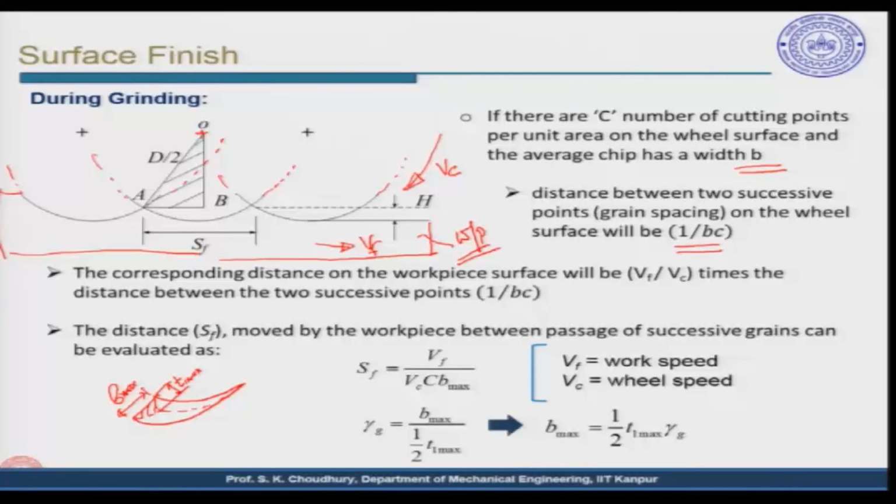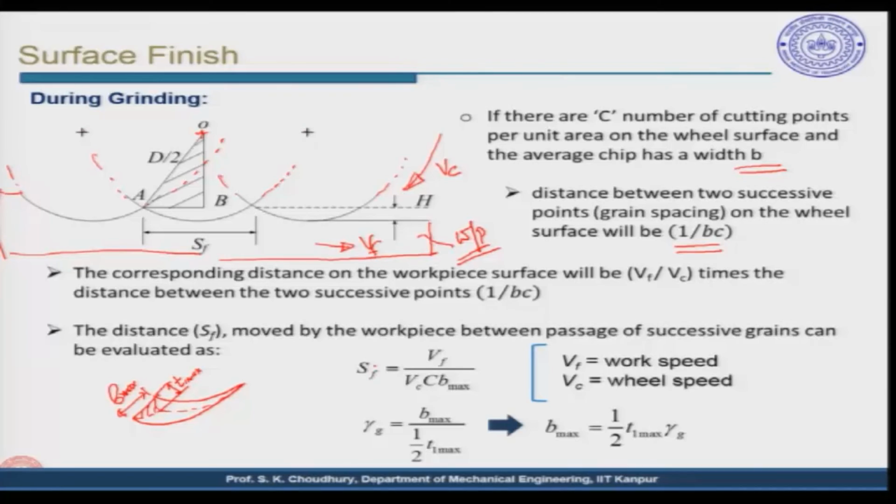Therefore, the corresponding distance on the workpiece surface will be Vf by Vc times the distance between the two successive points, which is 1 by bC. This distance we will call SF on the workpiece, that is the distance moved by the successive grains on the workpiece.